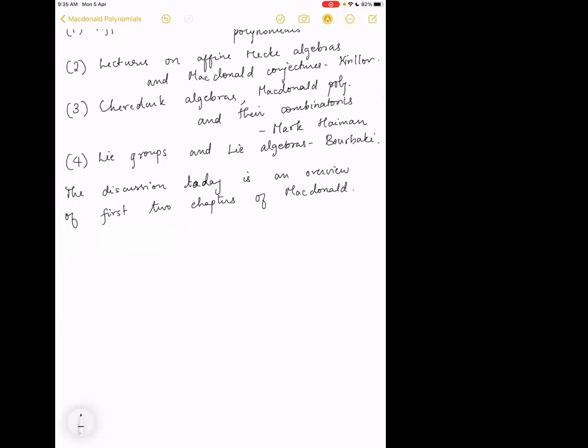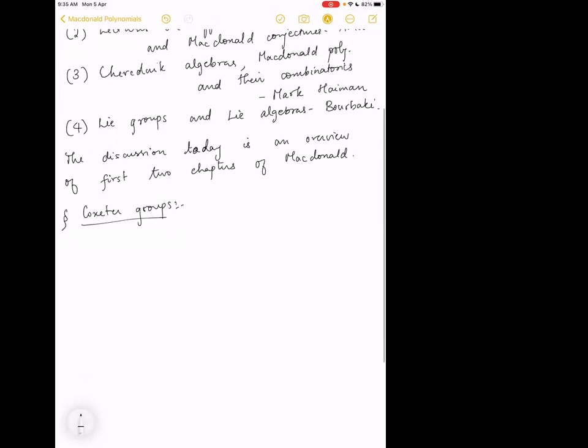Okay, so Coxeter groups. I'll be brief about the first few sections. Maybe a standard reference for this is the book of Humphreys.